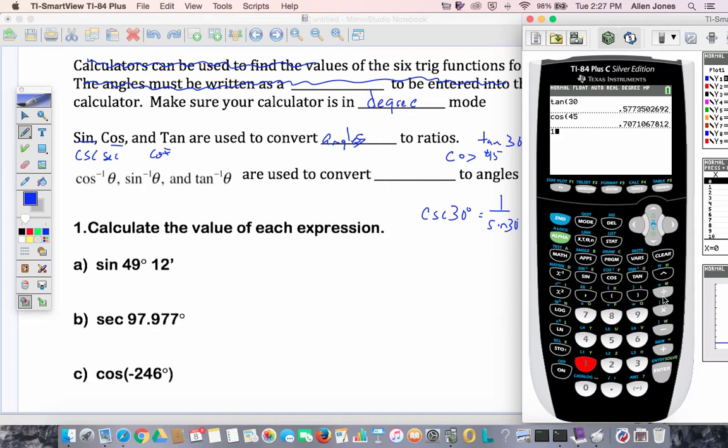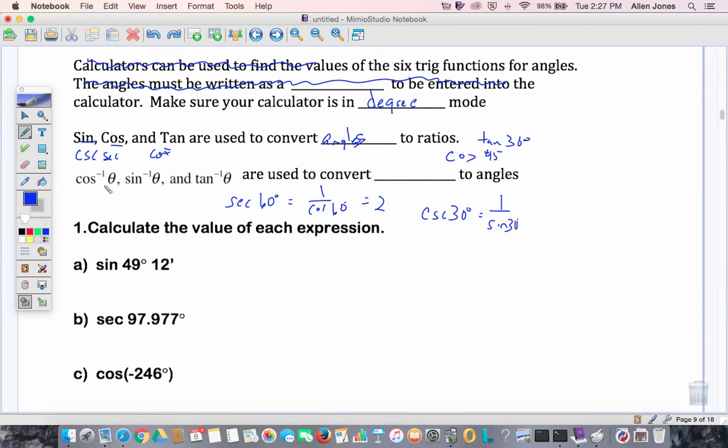So 1 divided by the sine of 30 would get us the cosecant, and you could see that would be a value of 2. Or if we wanted the secant of 60, we type that as 1 divided by the cosine of 60, and that should also be 2. Okay, so those are conversions to move from angles to ratios.